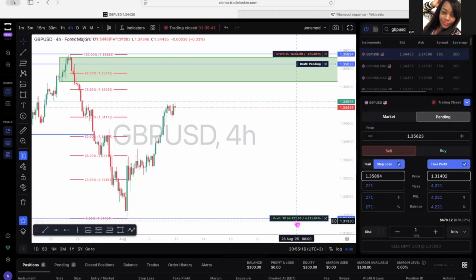If we're in agreement on what we're willing to lose, we'll go down a lot size. You do not have to trade a dollar per pip if you don't want to. It is your account. So you can make the decision, like I said, on what you're willing to lose.